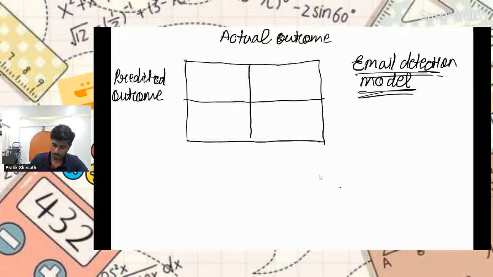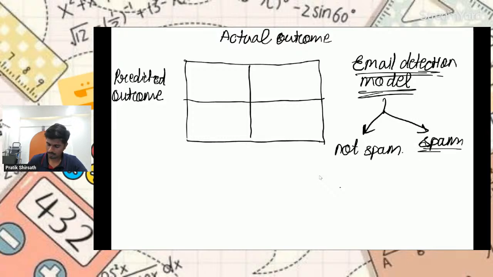The email detection model classifies the emails into not spam and spam. So in actual, the email can be a spam email, and the second is not spam. In similar ways, the model can predict the email into two ways: spam emails and not spam emails.